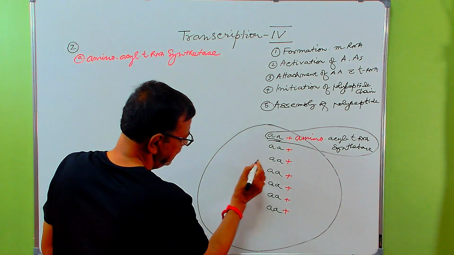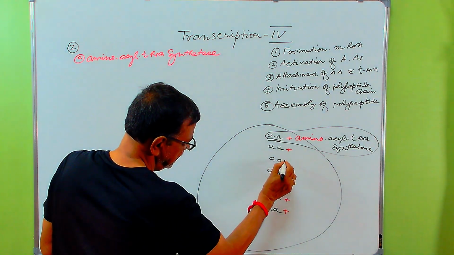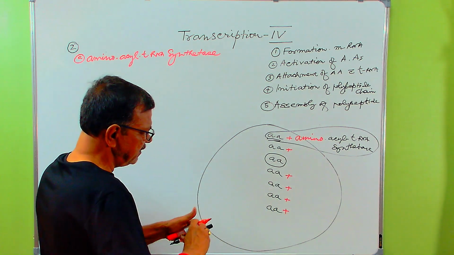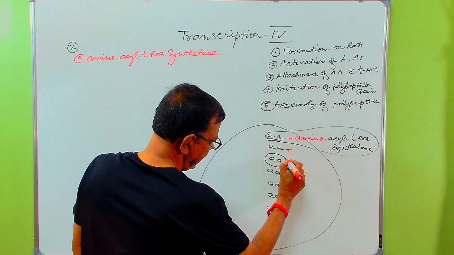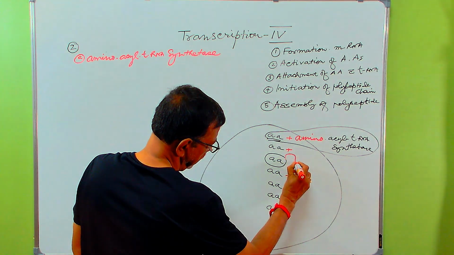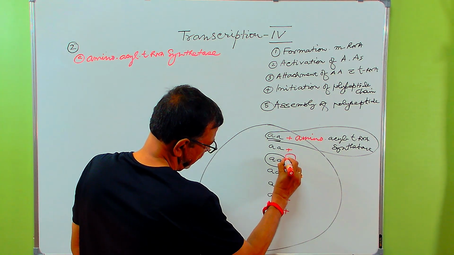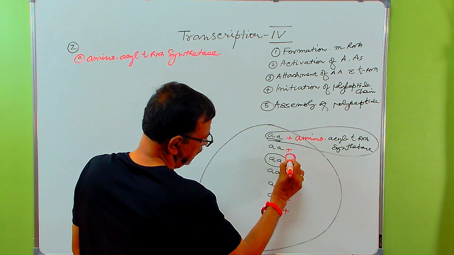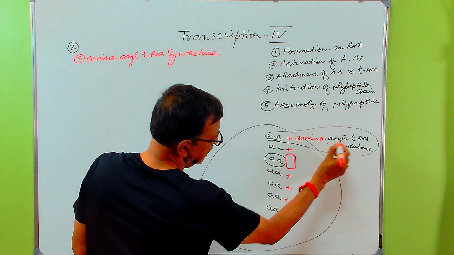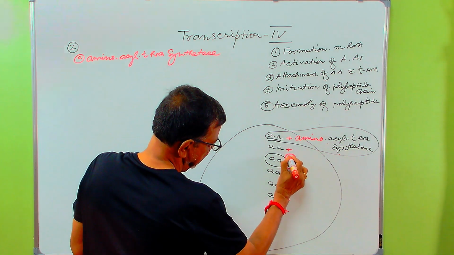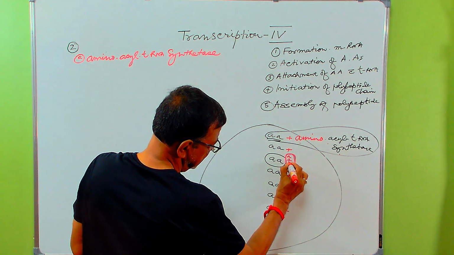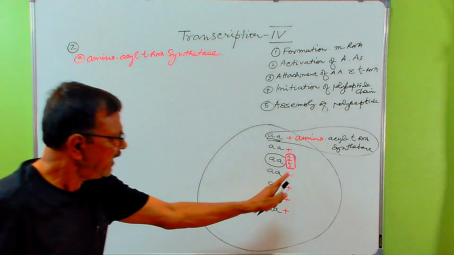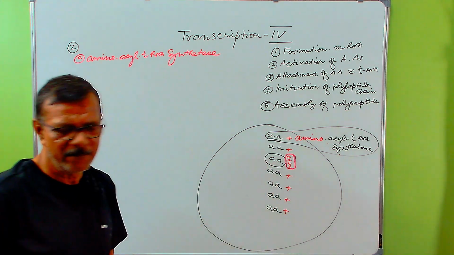Here, what happens? Amino acids bind with this. This is known as amino acid tRNA synthetase. It activates the amino acid.